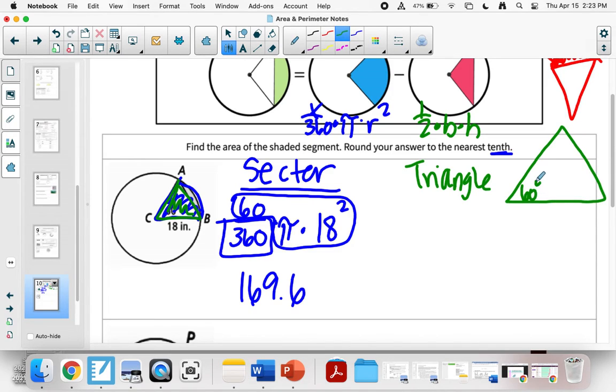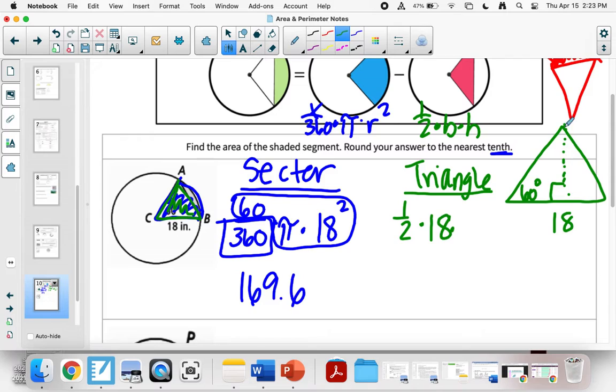We know this is 60, we know this is 18. So what's the base of my triangle? 18. Do I know the height? Not yet, but we can find it. The height makes a right angle.